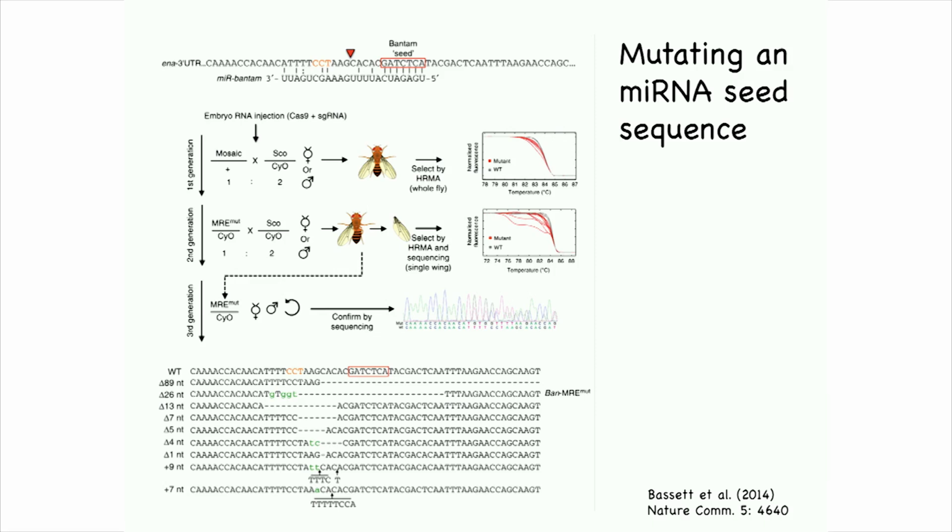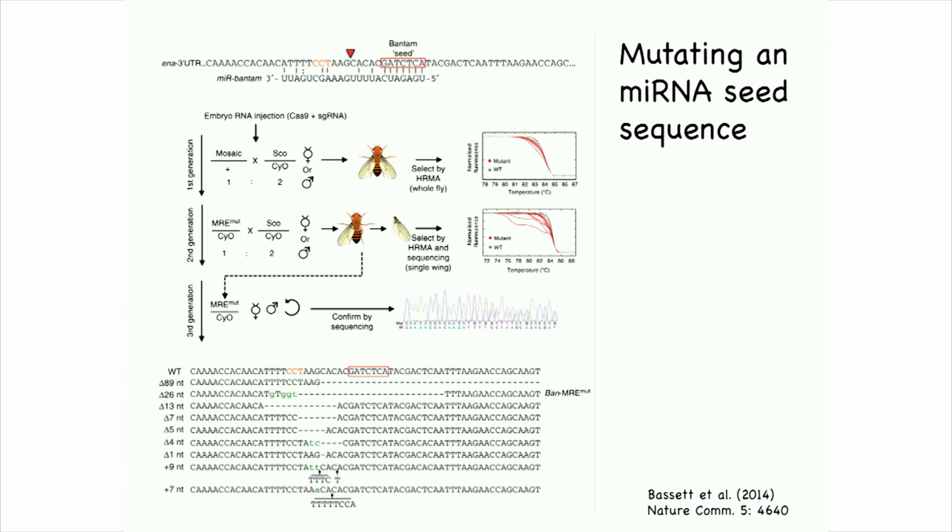So these folks targeted Cas9. This is the PAM here. Then the cut will occur there. Targeted Cas9 very close to this seed sequence in the protein coding gene. So they're not actually, in this case, hitting the microRNA gene, they're hitting the target.